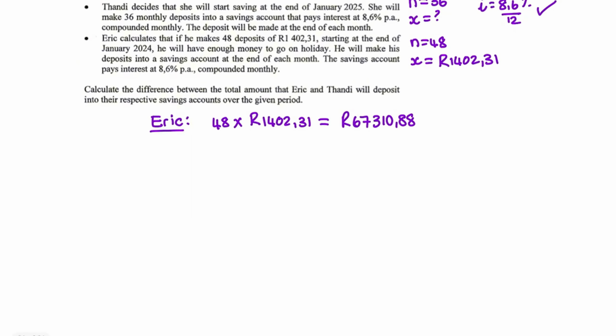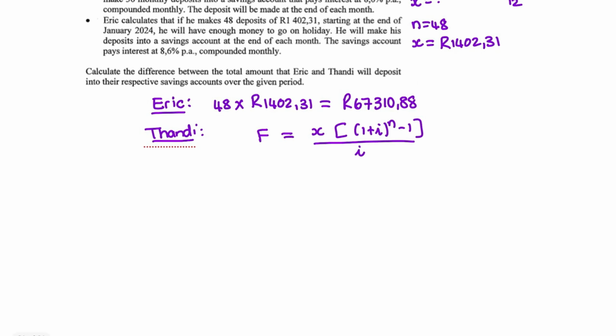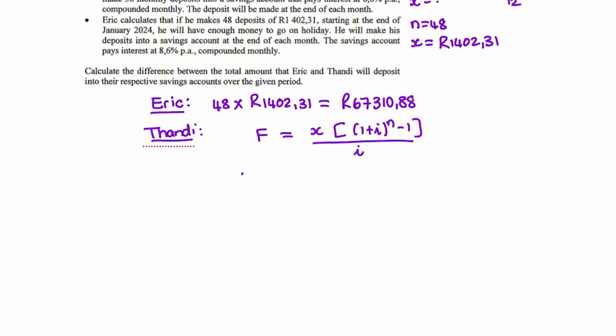So let's do Thandi's calculation. Thandi will earn money in the future, so it's a future value annuity, and you can find this formula on your formula sheet. So for the F value, we have 80,000 Rand. We don't know X. We know that I is 8.6%, and that's compounded monthly.